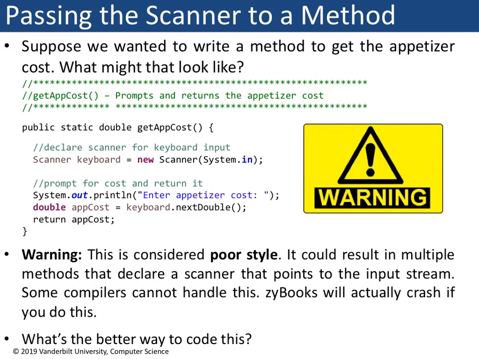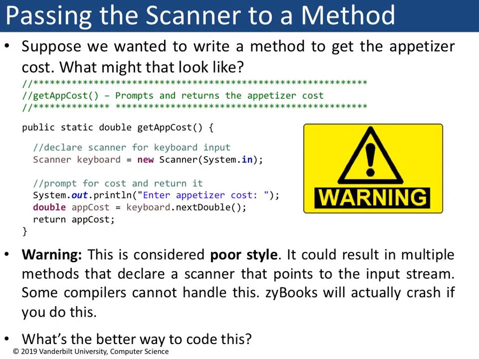The user will type it in, press enter, and then our next statement is going to return the double which the user typed in. That will be assigned to the variable appCost. And then our return statement will return the value which is stored in the variable appCost.